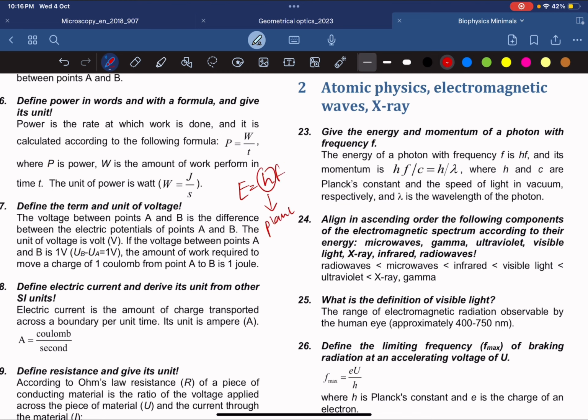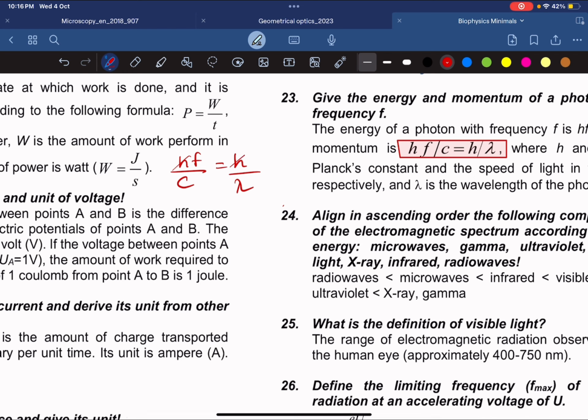Now, this formula over here is really confusing. Let me explain what it basically is. It's saying hf by c is equal to h by lambda. Looking at this formula, we can cancel out Planck's constant. Boom, gone.